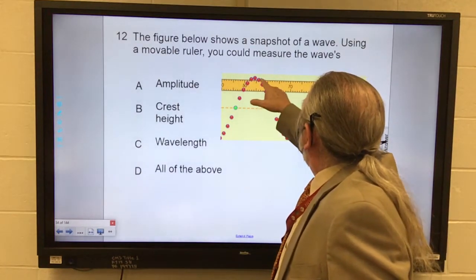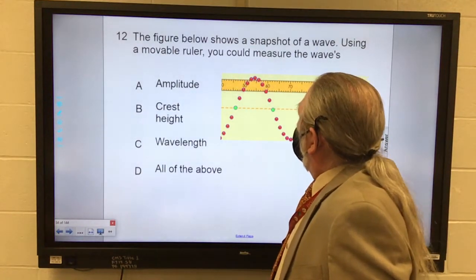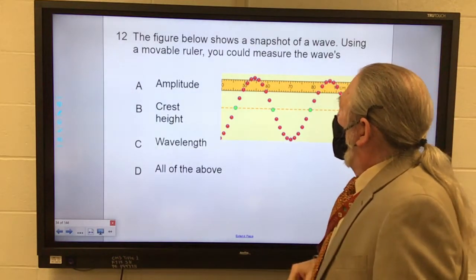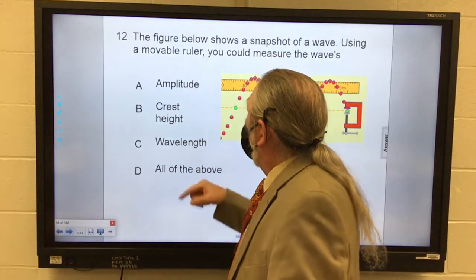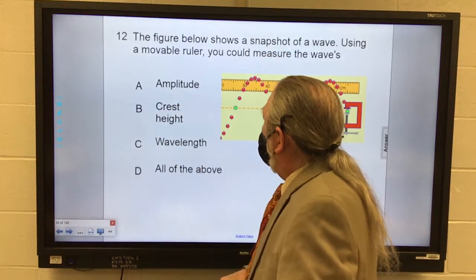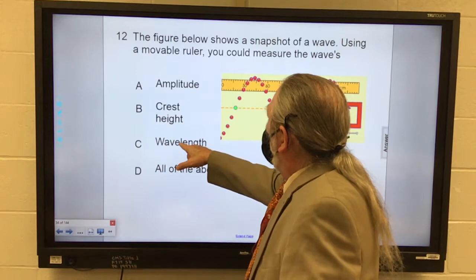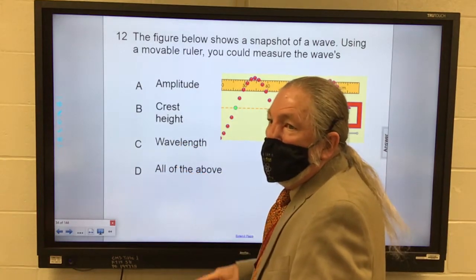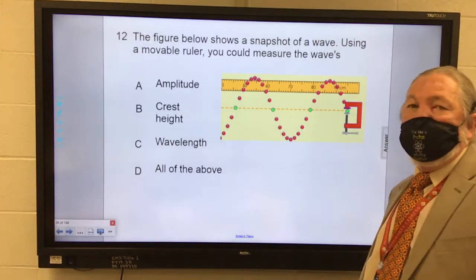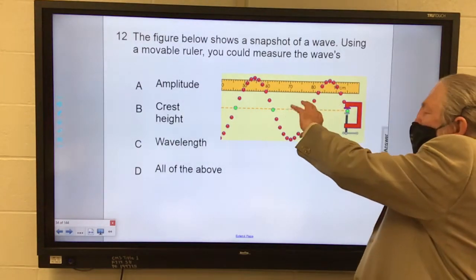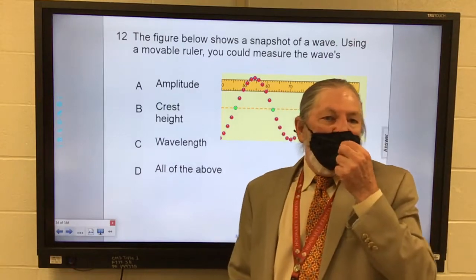What are they gonna measure? The crest? Could you measure the amplitude? Could you measure the crest height? Could you measure the wavelength, or could you measure all the above? You choose. What could you measure with this ruler here? And you can manipulate the ruler any way you need to get a measurement.